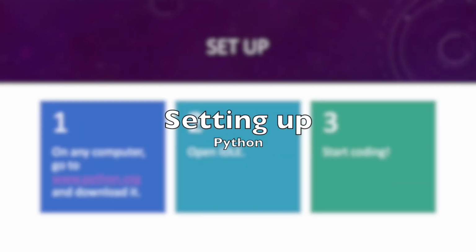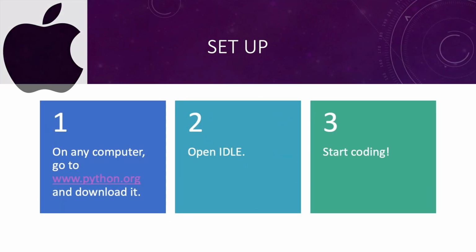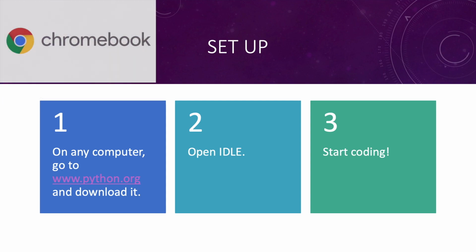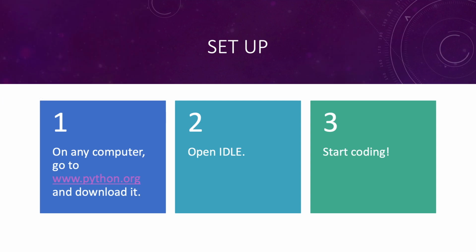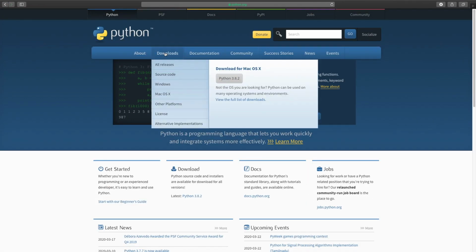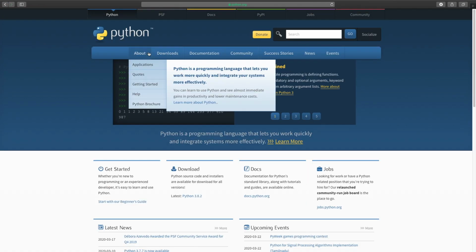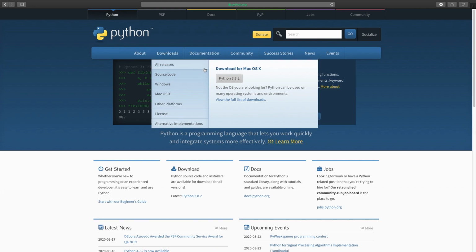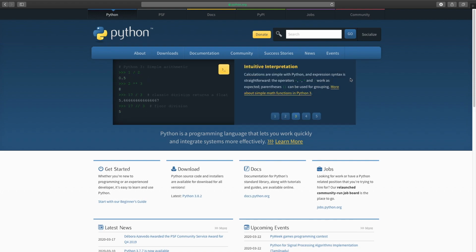How to set up Python? You can do it in any operating system. First, you need to go to python.org to download. Go there, and there will be this downloads tab. As soon as you hover over it, it should on the right side show you the latest version of Python for your machine. Click on that and the download should start.